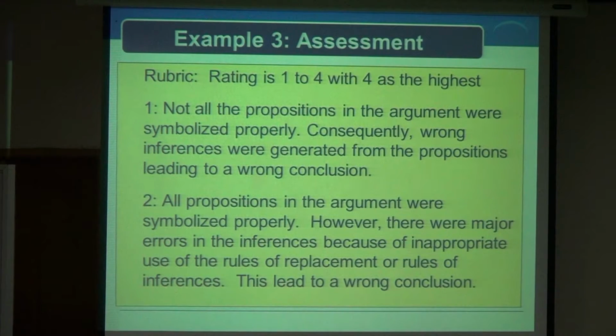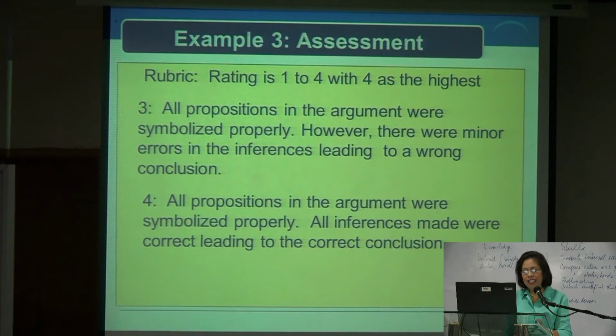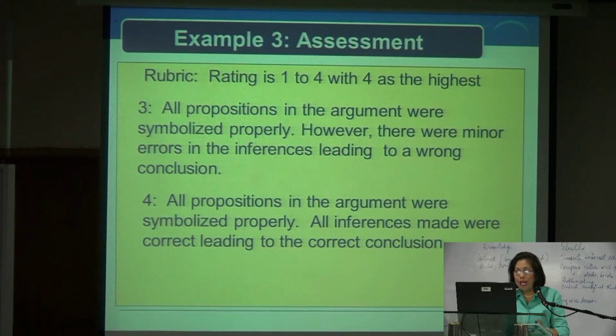If 2, if they were able to symbolize, but then there were major errors in the inferences used. 3, they were able to symbolize, but there were minor errors, thus, again, not leading to the correct conclusion. Of course, here, since it is from 1 to 4, with 4 as the highest, then if the work is correct, then we give, it could be a weight, no? Or we can treat this as level 4.